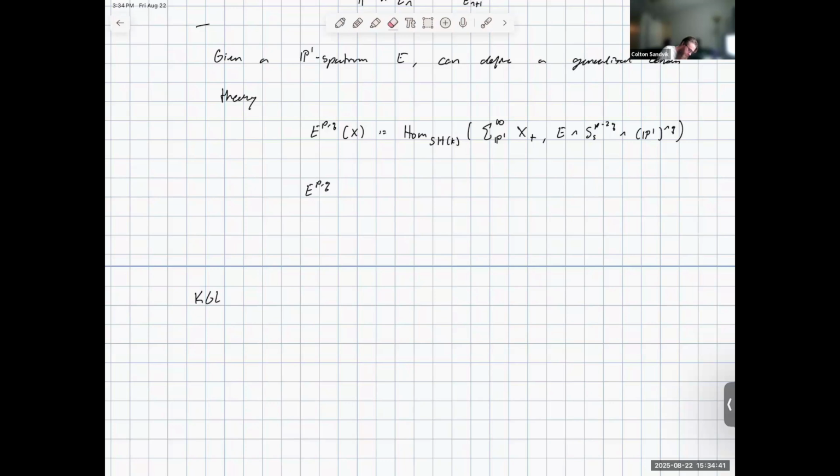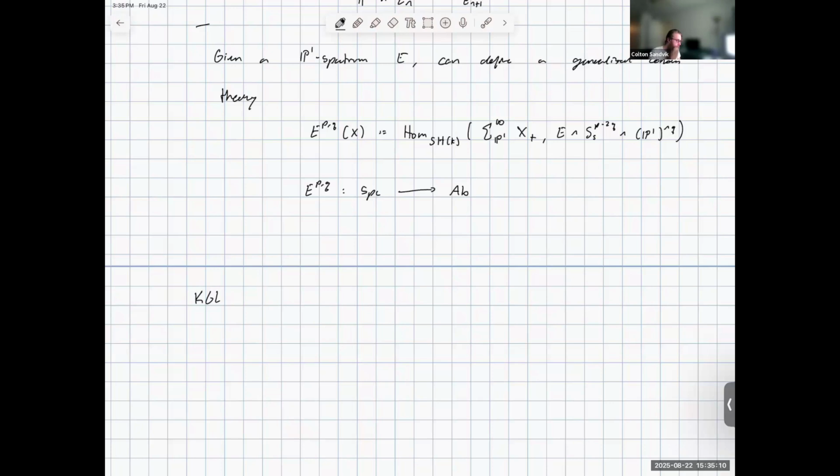This is a functor from Motivic spaces, not pointed, but spaces, to, say, abelian groups. Yes, it lands in abelian groups. You can upgrade this to go from spaces to bigraded rings or something, but anyway.